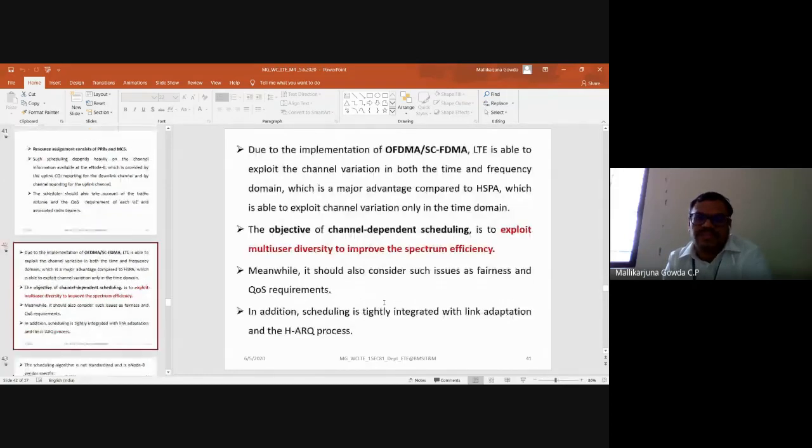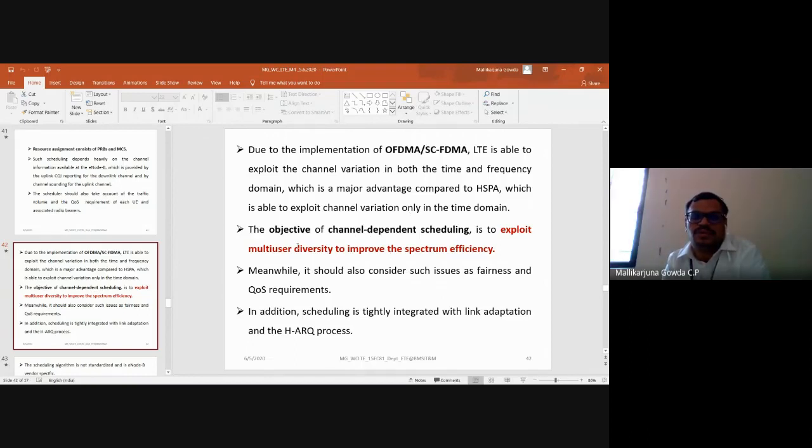Since OFDMA is implemented for downlink and SC-FDMA for uplink in LTE, it enables exploiting the channel variation in both time and frequency. But in case of HSPA, a 3G plus standard, it could exploit only the channel variation in the time domain.